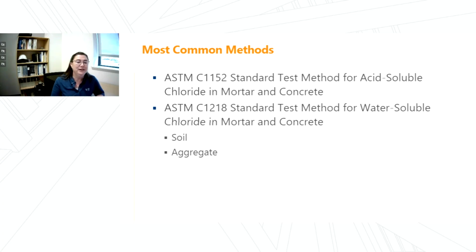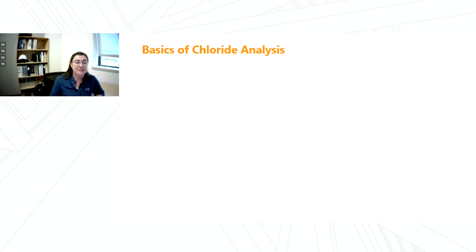Water is a little different and requires a little bit different methods, but most of the methods are variations of 1152 and 1218. So almost every method that measures chloride analysis has some basic steps that are very similar.